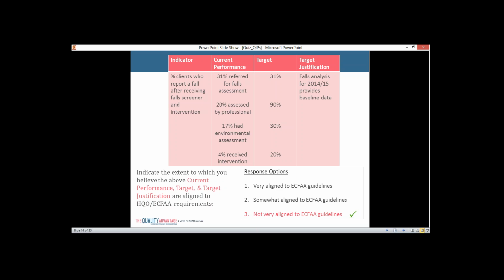But if we look at the next column, current performance, there are a whole range of baseline information there, but they're really not linked to falls per se. There's nothing there about the percentage of clients with falls. These are actually results on what are probably process measures linked to various change ideas.